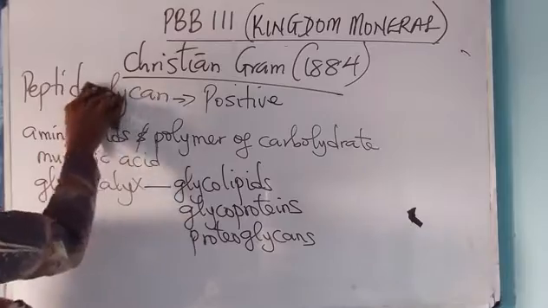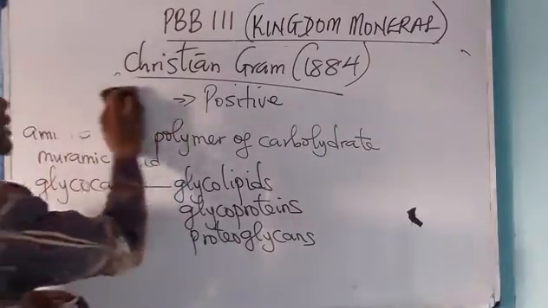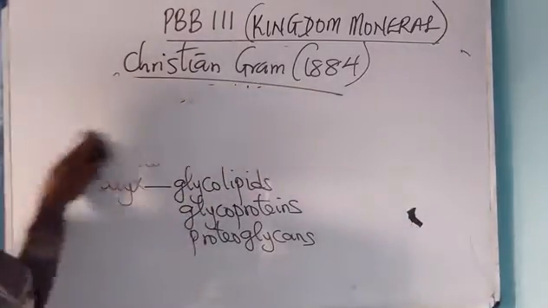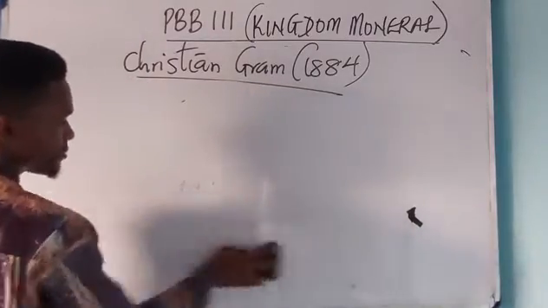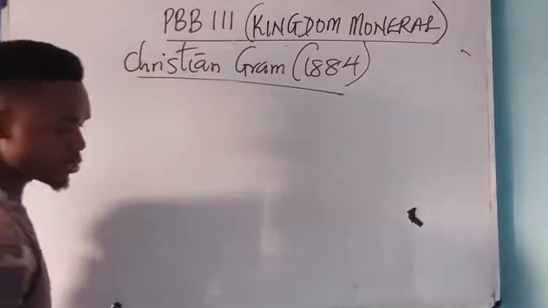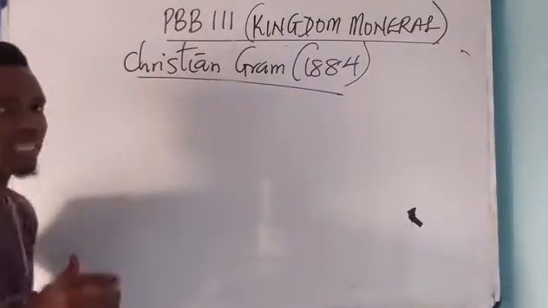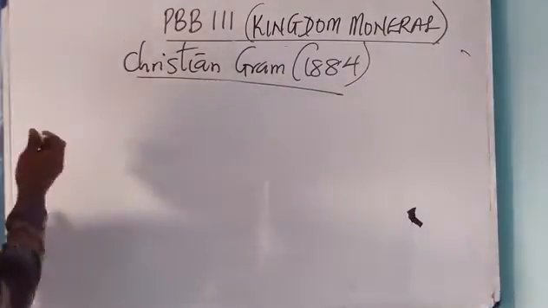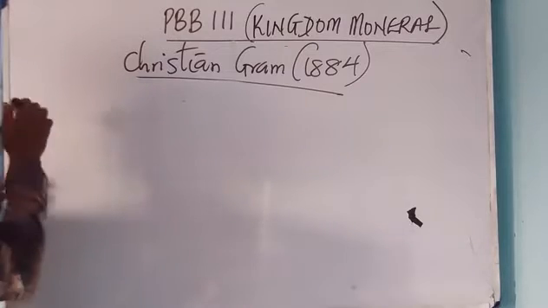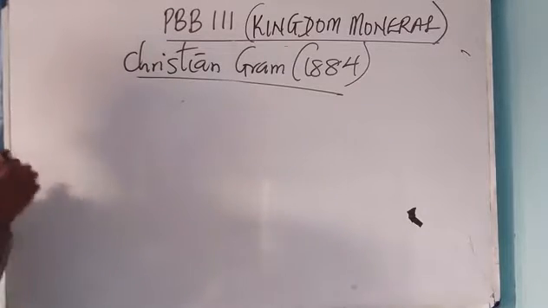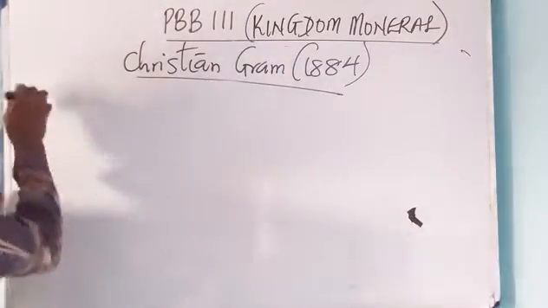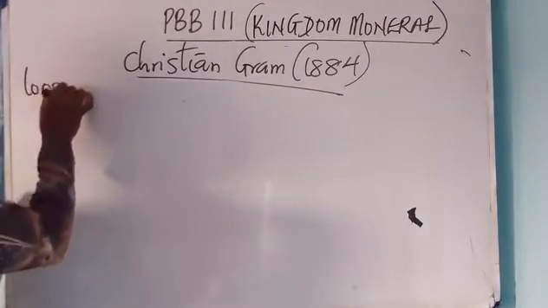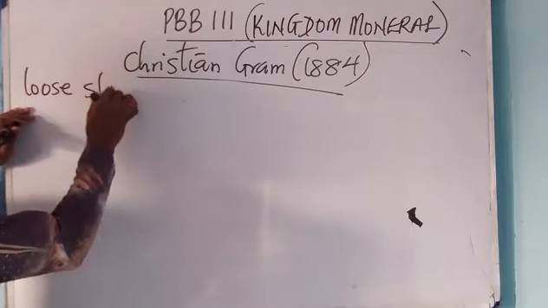Okay. Now the eubacteria, they have a slimy sheath. All right, that gives them the ability to stick to their host. Now, please, some slimy sheath could be very weak, and you call them what? Loose slimy layer.